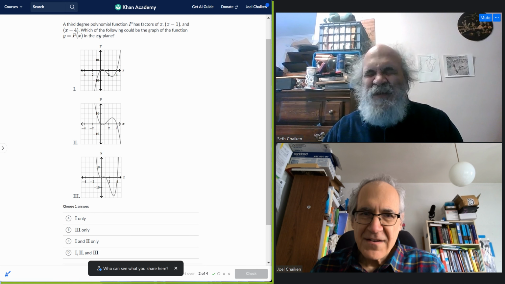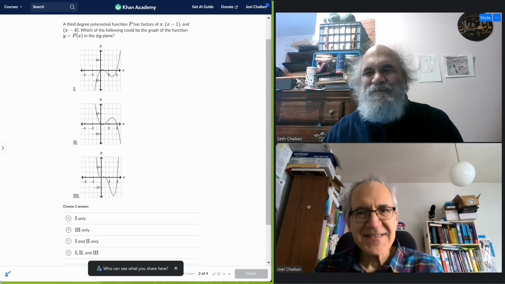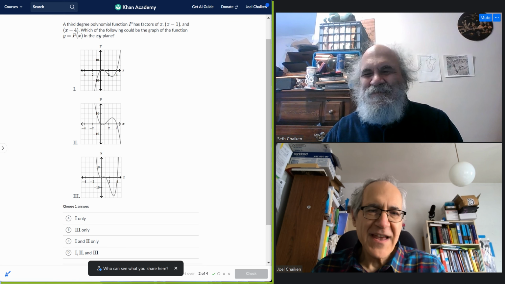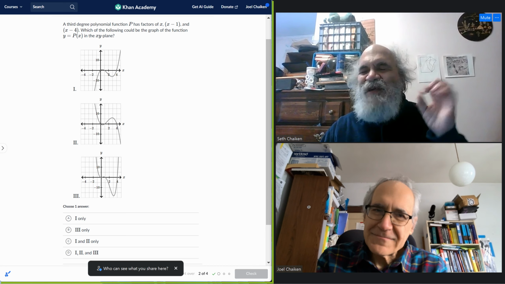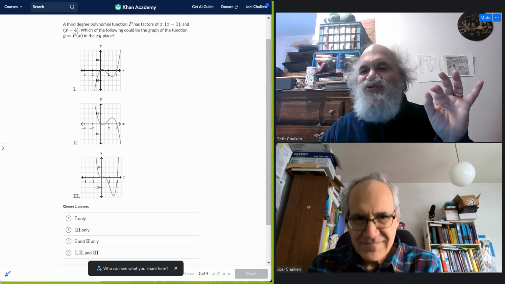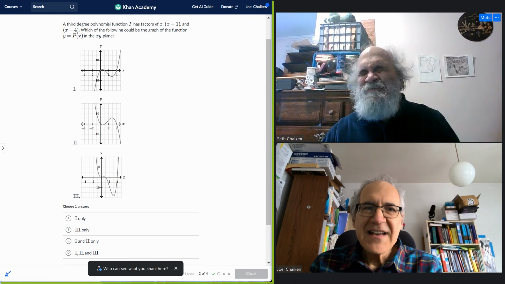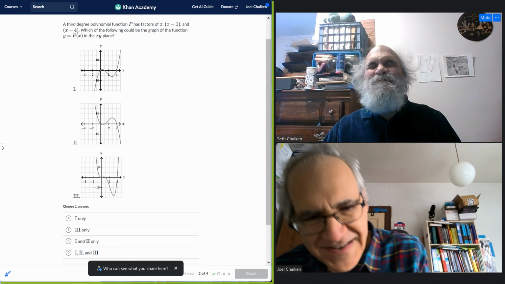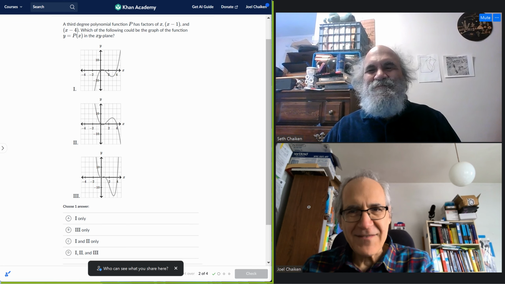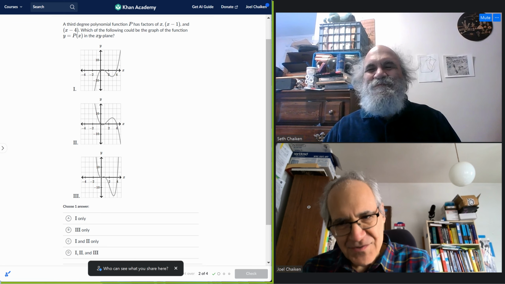So it has to do with how the roots cross the axis, and the end behavior. I made a mistake when I said end behavior where the roots go. Cross that out. It's the end behavior, what happens when x gets large in either direction, and the nature of the roots.